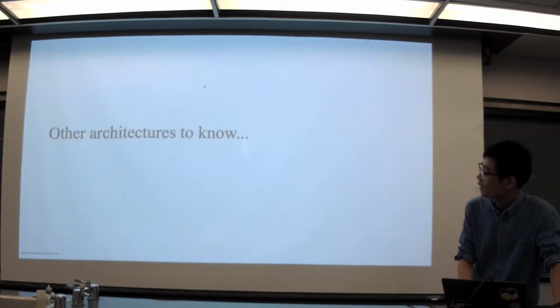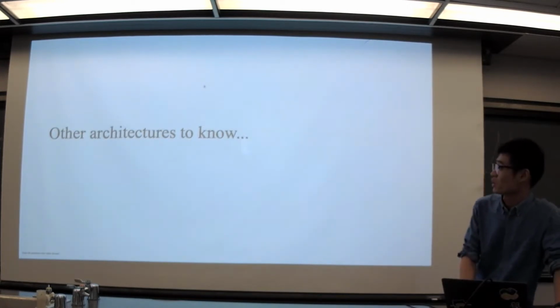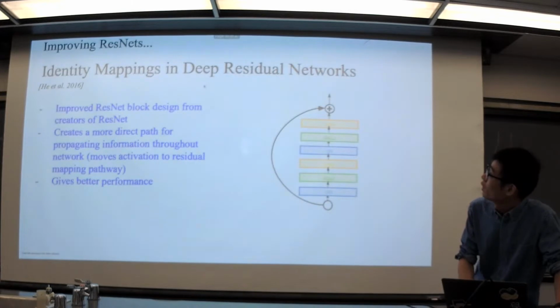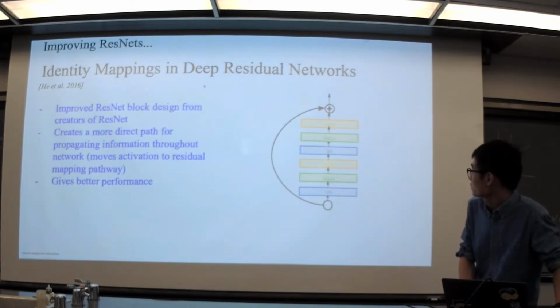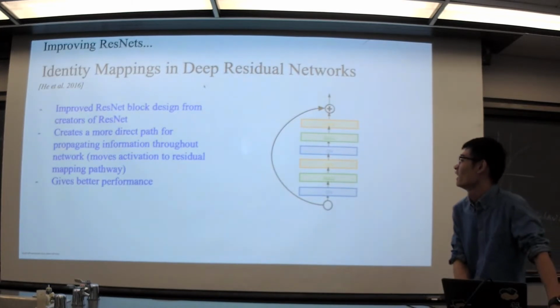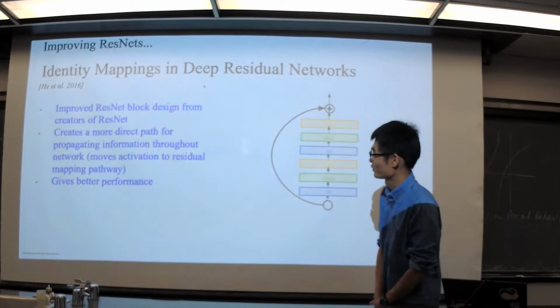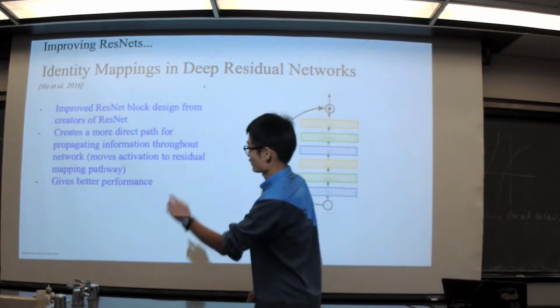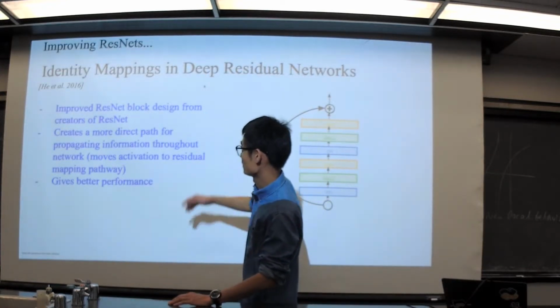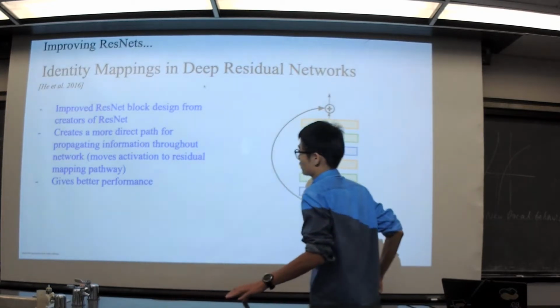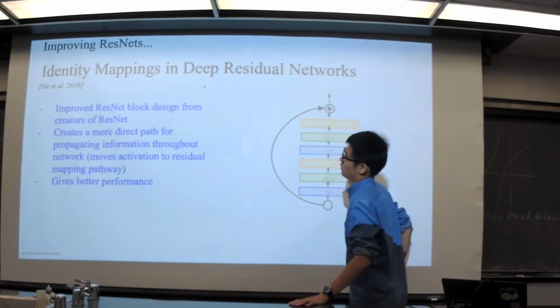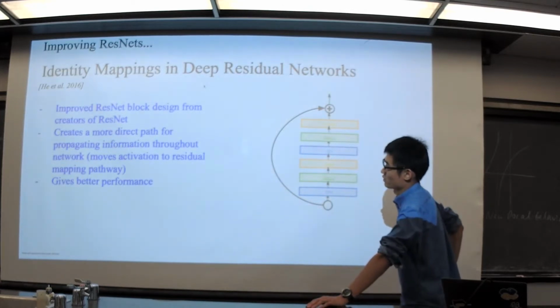Then I'll give a very brief introduction to some new architectures. 2016. This one is not as famous as ResNet, published in 2016. It's an improved ResNet block, designed by the creators of ResNet.